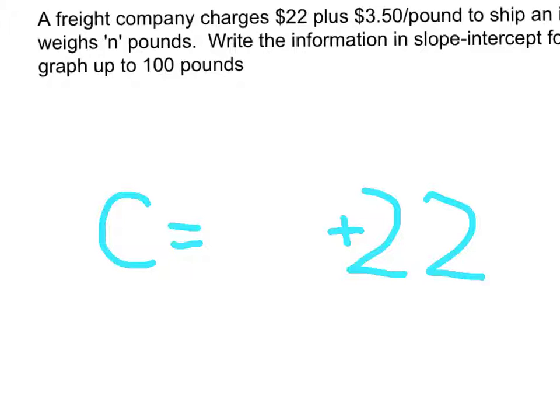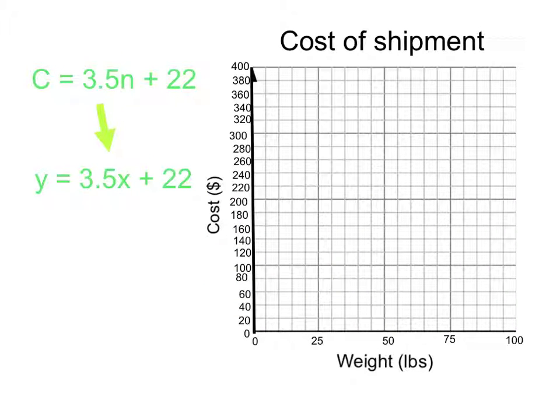But then we can't forget about the $3.50 cost per pound. Remember that our package weighs N pounds. So we will write 3.5 N to say that our package costs $3.50 per pound. Our final equation is C equals 3.5 N plus 22.